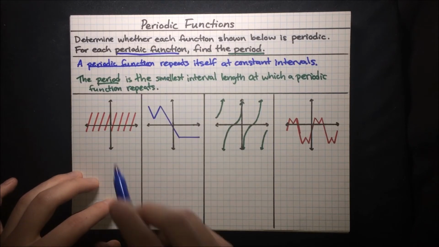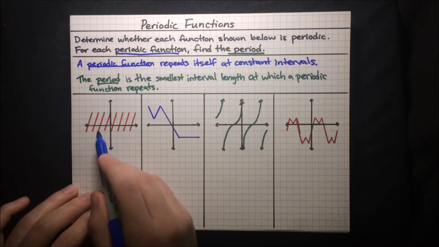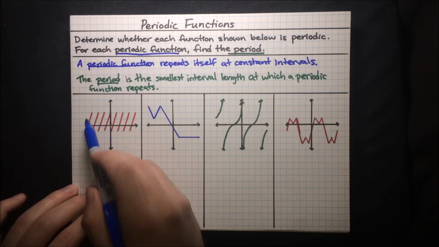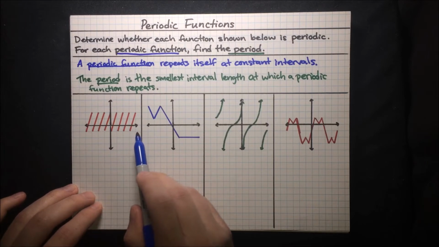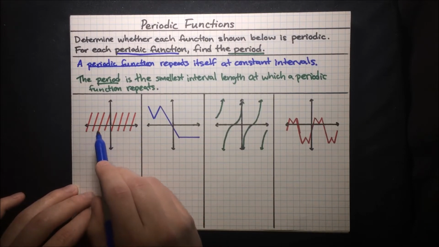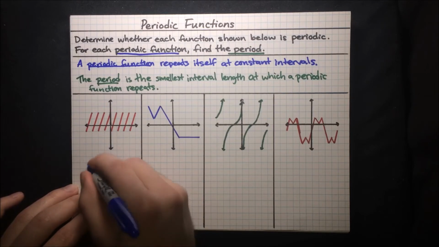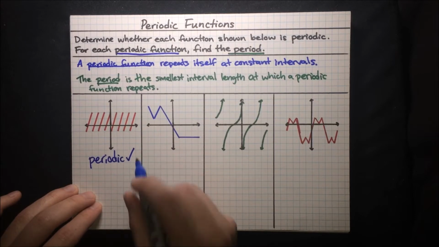So let's go through each of these functions and tell whether it's periodic. Okay, so this function first looks like a bunch of slanty lines that are just repeated over and over. So is it periodic? Well, the lines repeat every unit. So yeah, it is periodic. And what is the period?